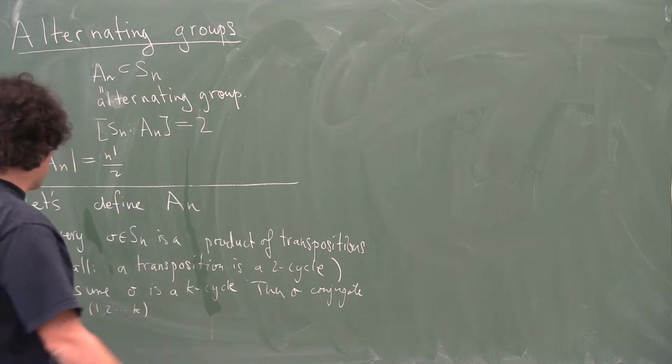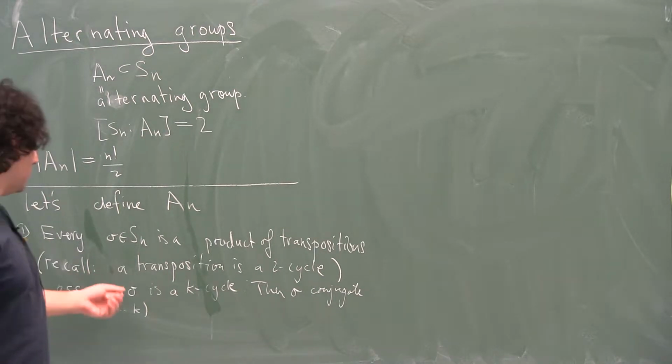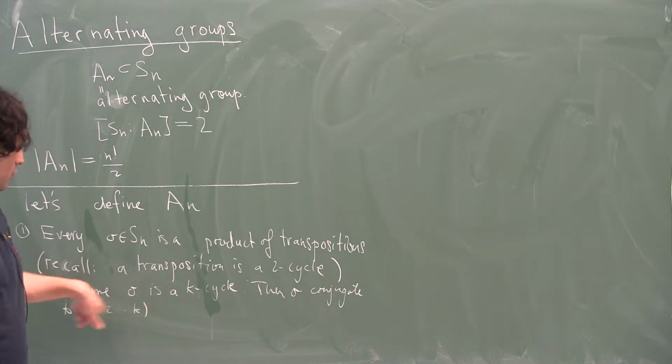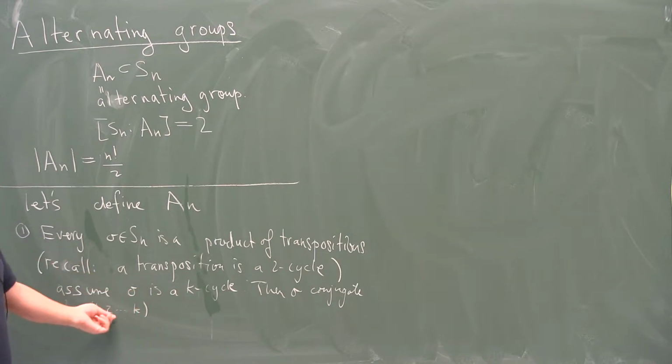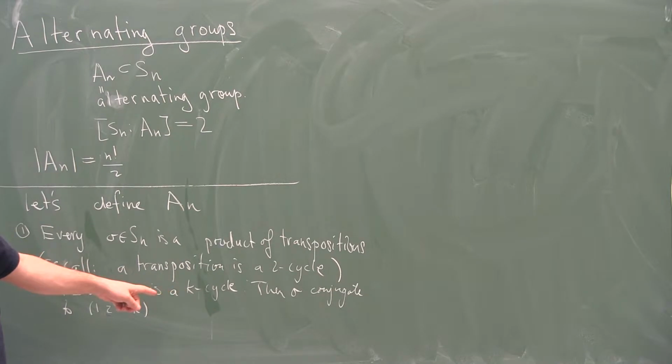We saw how to do that explicitly. Okay? So now, this k-cycle (1, 2, up to k) is a product of transpositions.